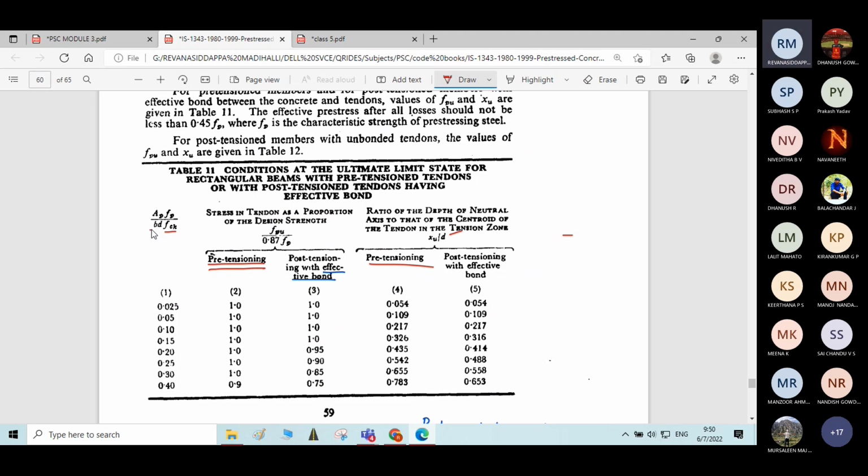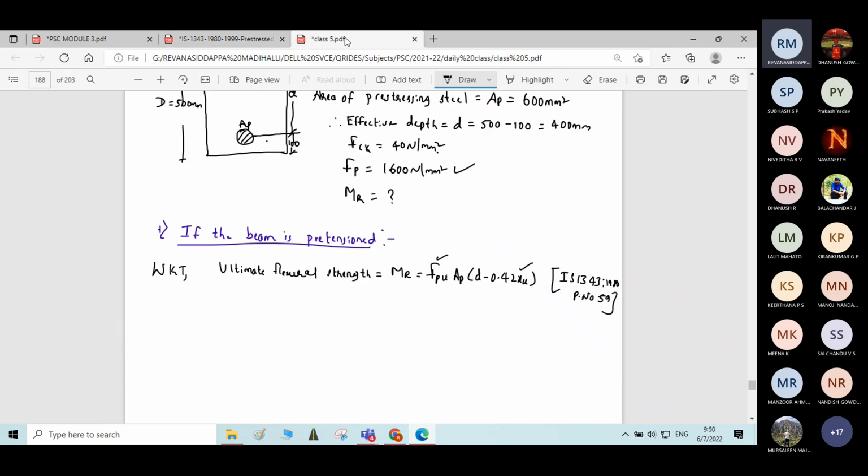Initially, we need the value of Ap fp divided by b d fck. First you find that.